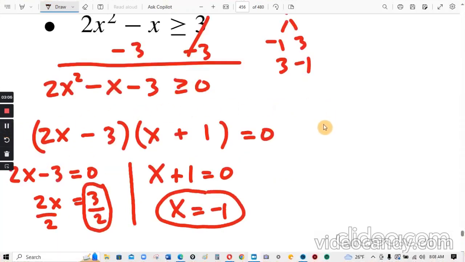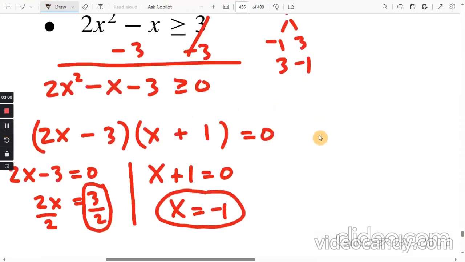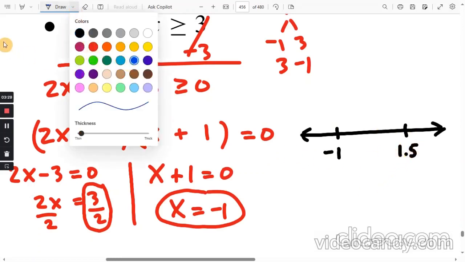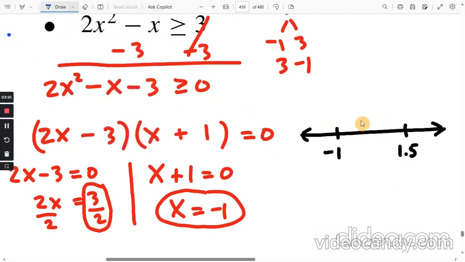So let's do a number line here. The smaller or negative numbers are going to be on the left. So we have a negative 1 and we have a 3/2, which is the same as 1.5. Let's plug in numbers that are in between the zeros. The easiest one in here is going to be x equals 0.